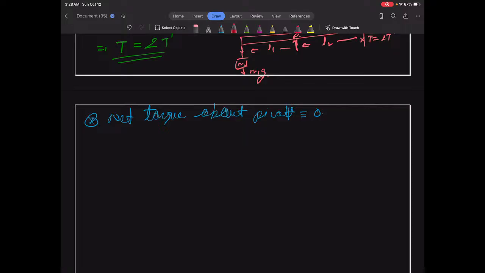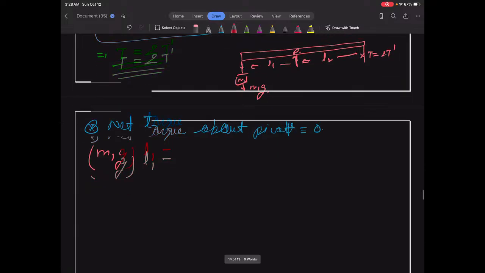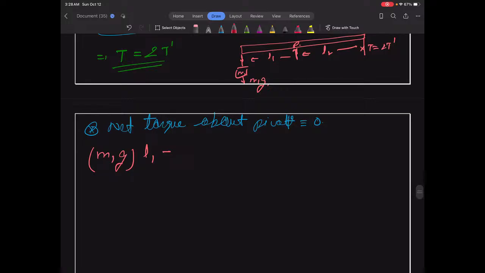One is m1g, and it is at a distance of L1 from the pivot point, minus, second will be our 2T prime, or let me write it T, and that is at a distance of L2, should be equal to 0, because one will be clockwise, the other one will be counterclockwise.